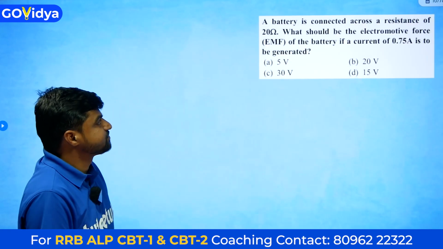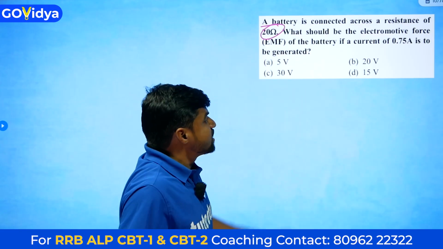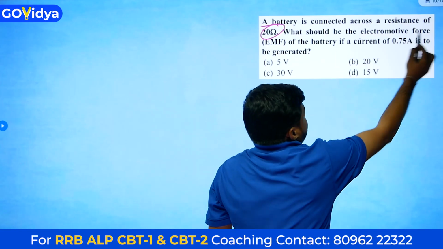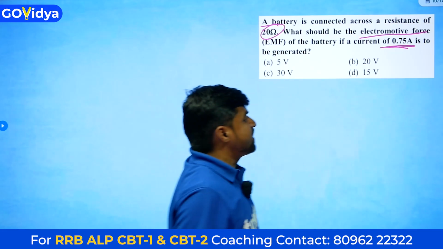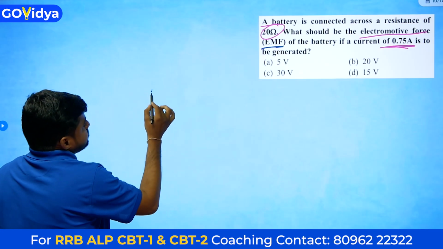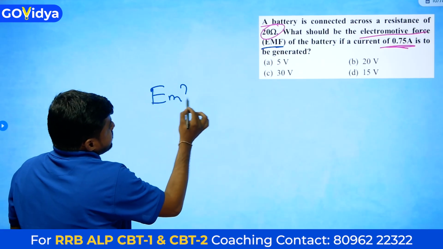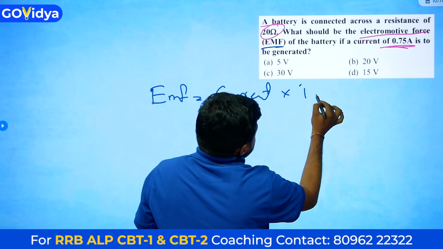Next question. A battery is connected across a resistance of 20 ohms. What should be the electromotive force of the battery if the current flowing through it is 0.75 amperes? We have to find EMF. EMF is equal to current into resistance.